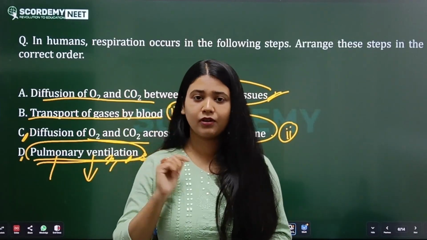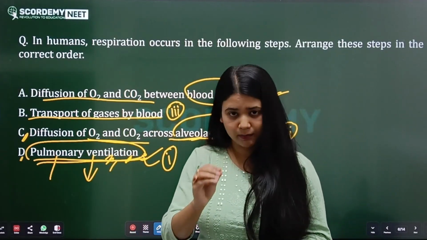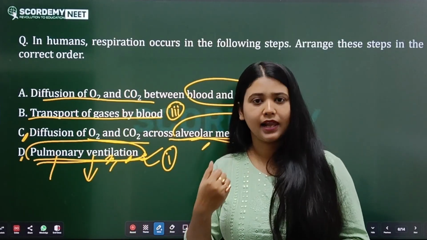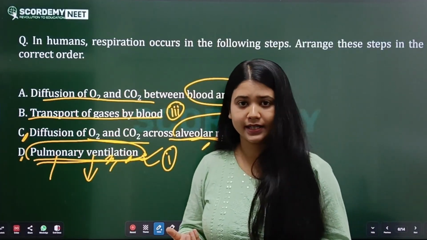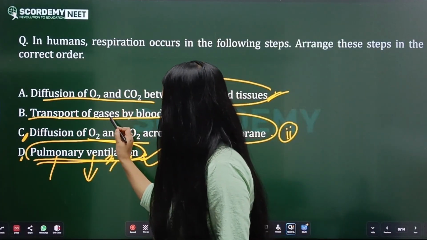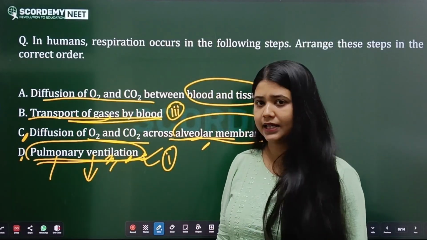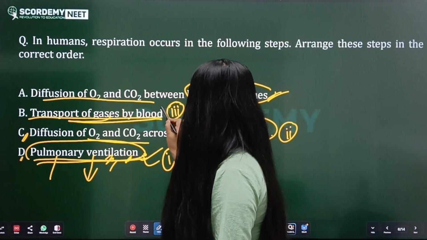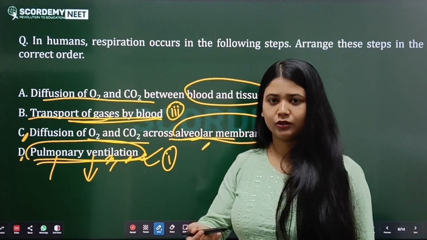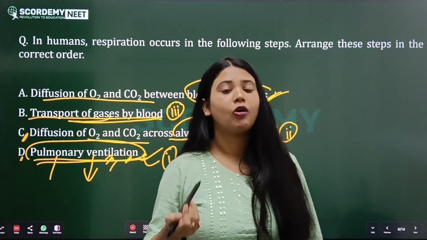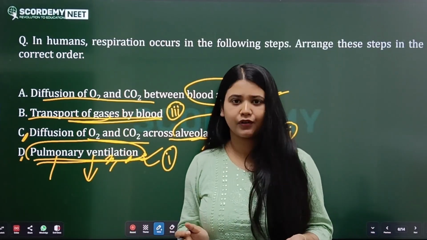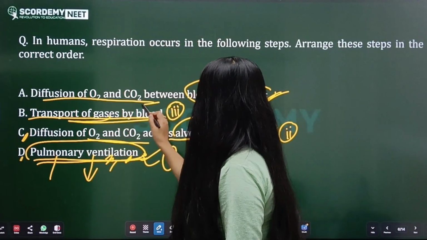Circulation, remember? That oxygenated blood was being transported from lungs to heart, isn't it? So the gases were being transported by blood. Then blood carries oxygen to all the tissues so that oxygen reaches each and every cell of our body. That is the last step.